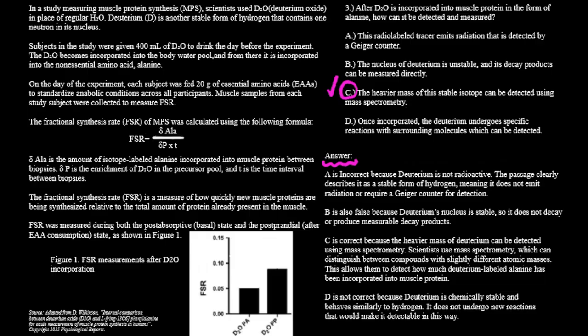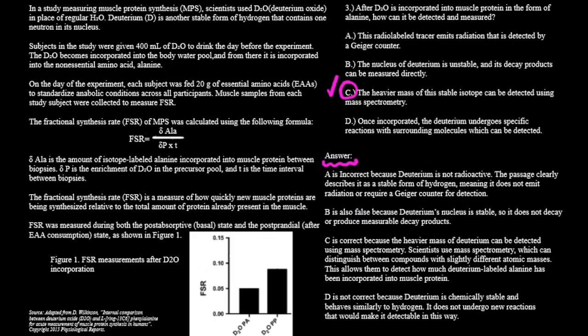Answer choice C states that the heavier mass of the isotope can be detected by mass spectrometry. This is correct. As we discussed, deuterium contains one extra neutron, making it slightly heavier than hydrogen. Mass spectrometry can detect these small differences in mass, which allows researchers to measure the incorporation of deuterium into alanine and therefore into muscle protein.